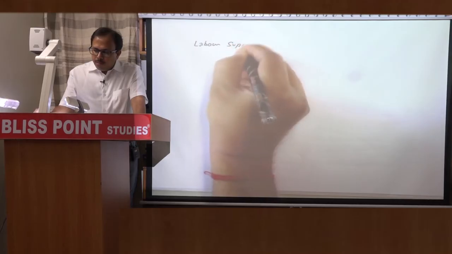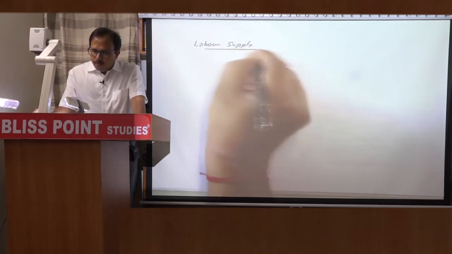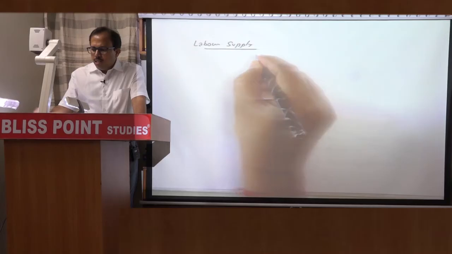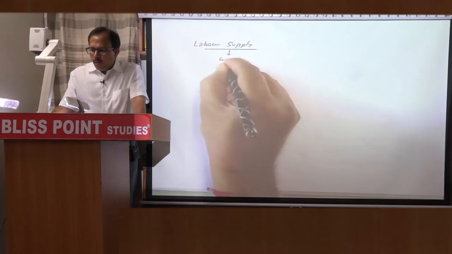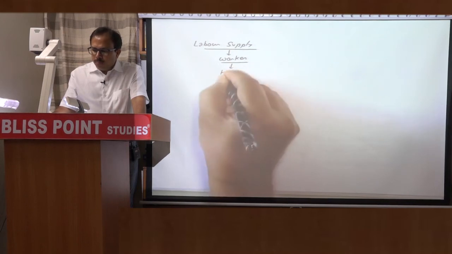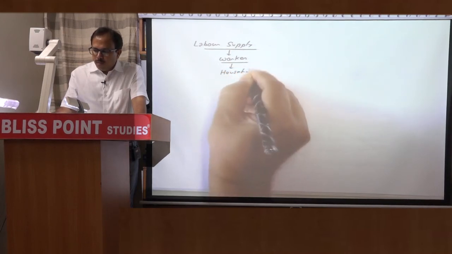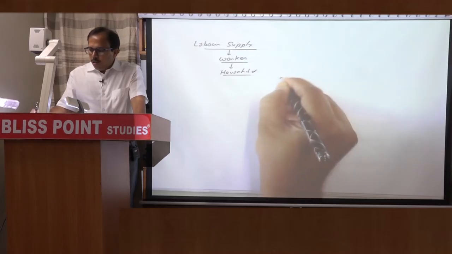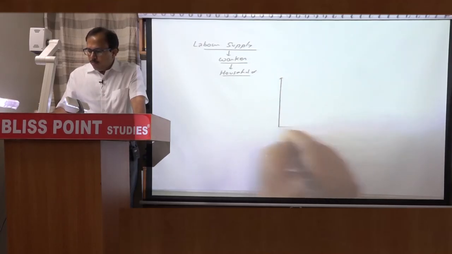Labor supply. Again this labor is being supplied by a worker or household, you can say. You can understand it in this form.